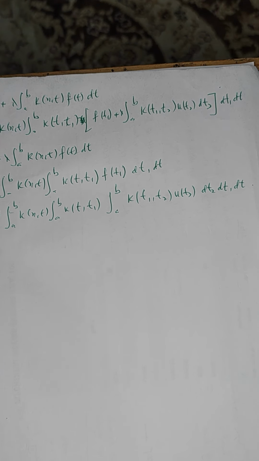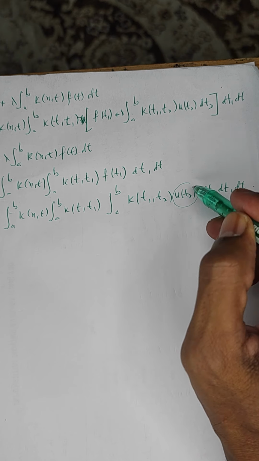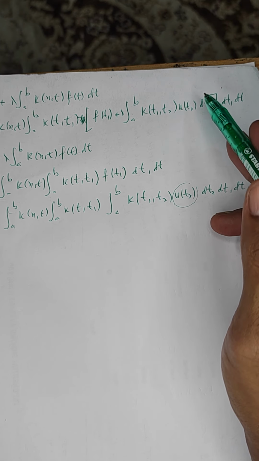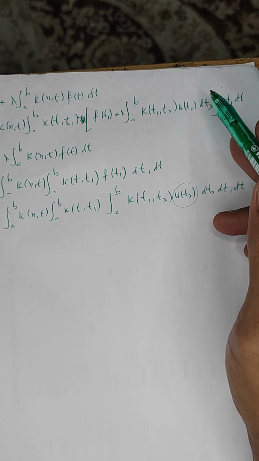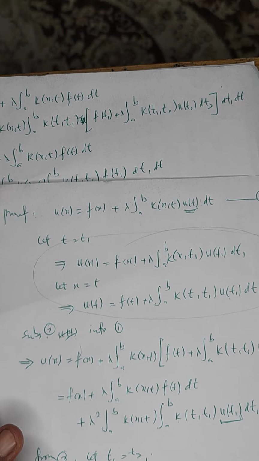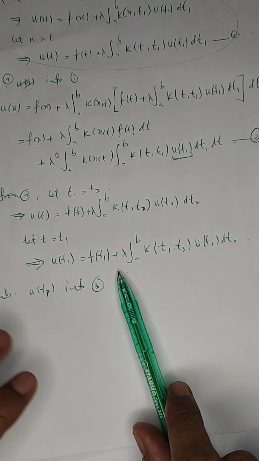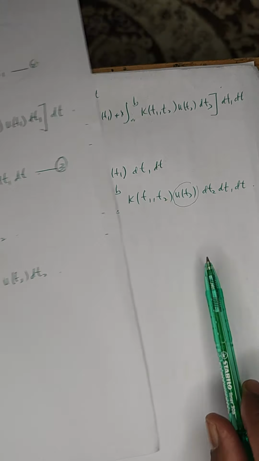Okay, so again here we have u(t2). We can use a similar approach as in the previous one. Let me show you that. This is what we want, u(t2).